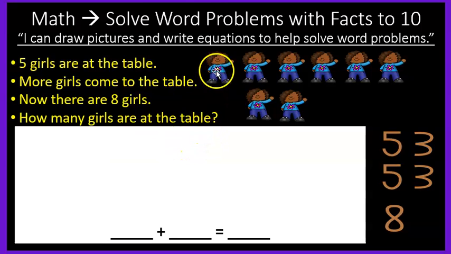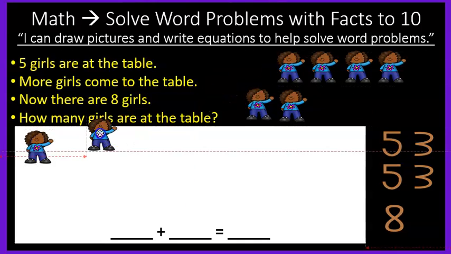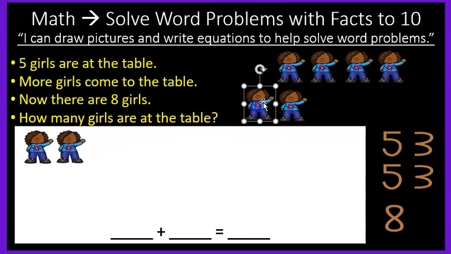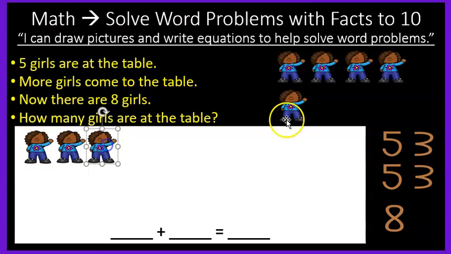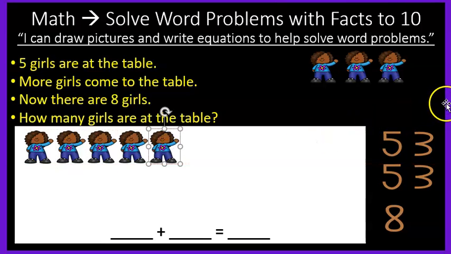So let's do that. Count with me. 1, 2, 3, 4, 5. Look at that. We have our first sentence complete right here. 5 girls are at the table.